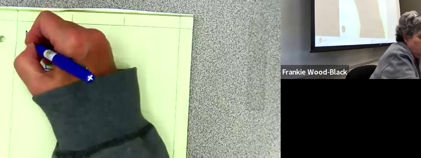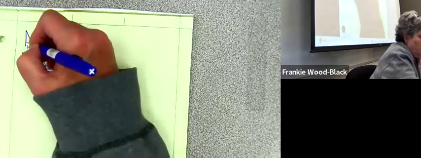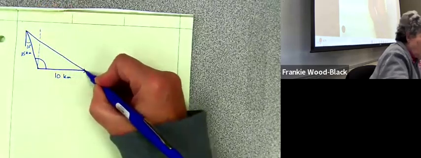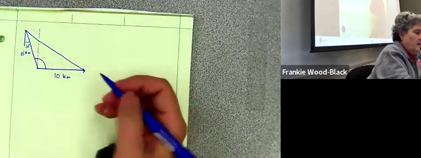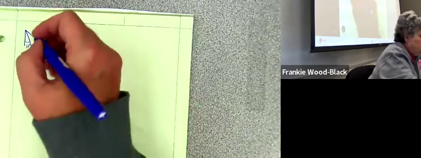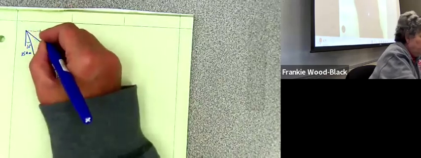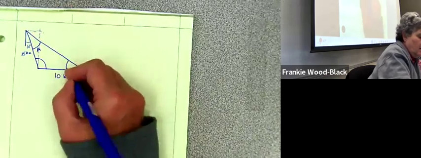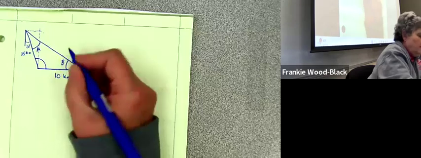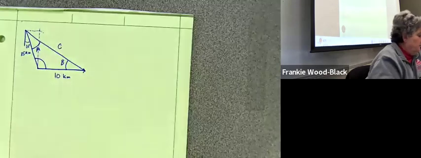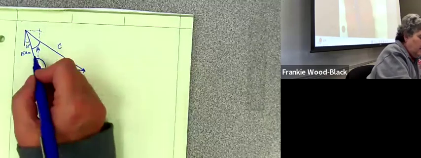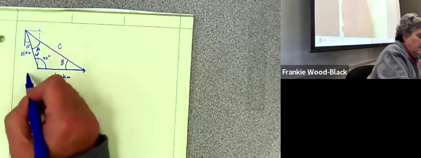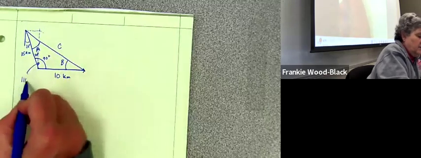We're told that this is 20 degrees. We're going to call this A. We're going to call this B. This is side C. And if that's 20 degrees, this is 20 degrees, this is 90 degrees. So this becomes 110 degrees.